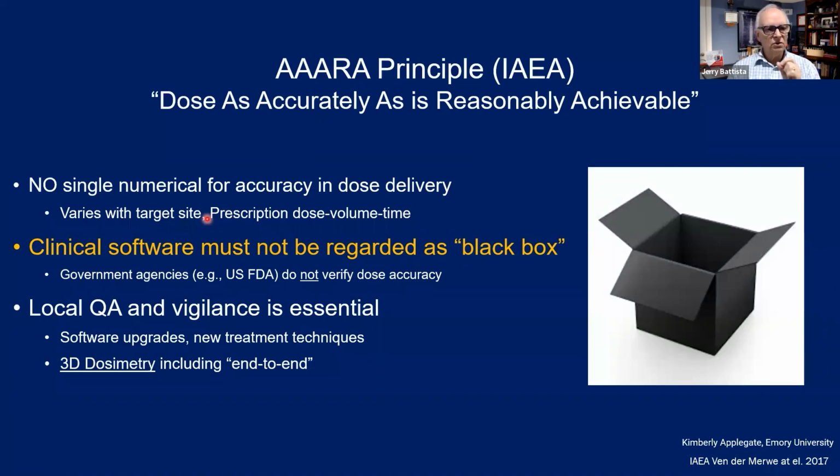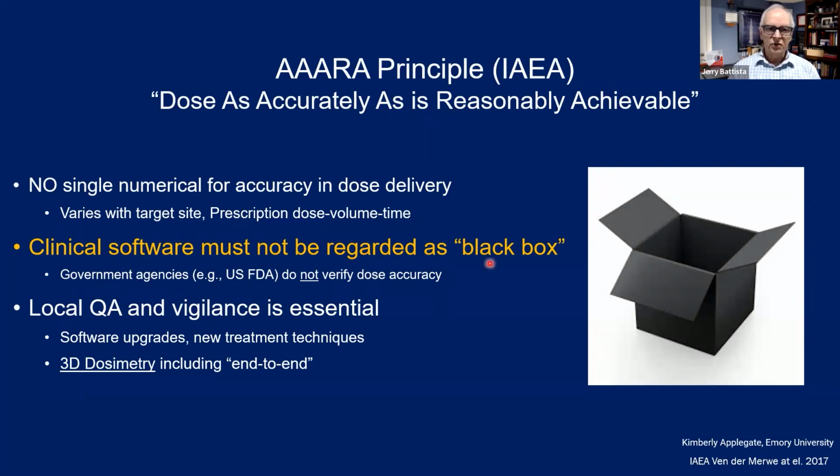We can't say doses have to be computed to within 2%, because sometimes more uncertainty would not matter and sometimes it would matter. So that's why they came up with this principle, which is almost the same as the radiation protection principle, to do our best to get doses as accurate as reasonably achievable.